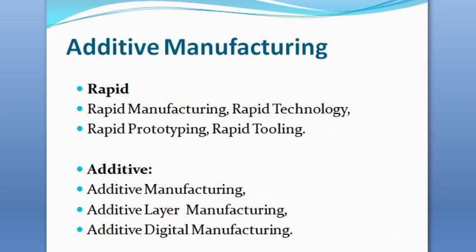Additive manufacturing is also called rapid manufacturing, rapid technology, rapid prototyping, rapid tooling, additive layer manufacturing or additive digital manufacturing. These are the names of additive manufacturing. 3D printing is also called additive manufacturing.